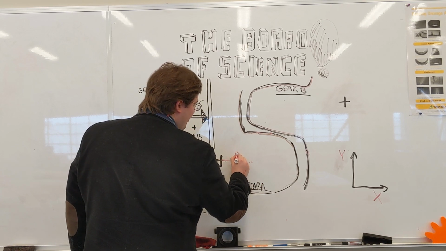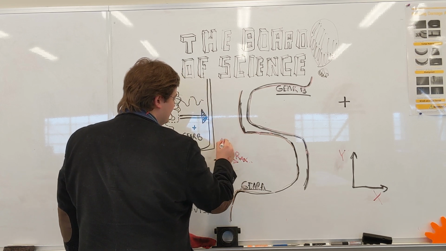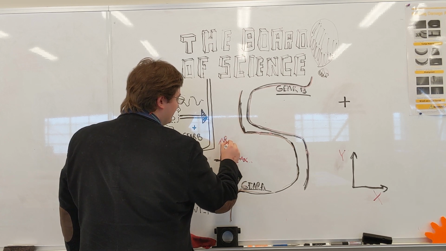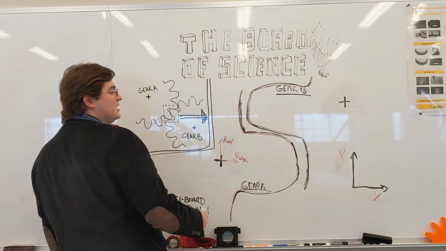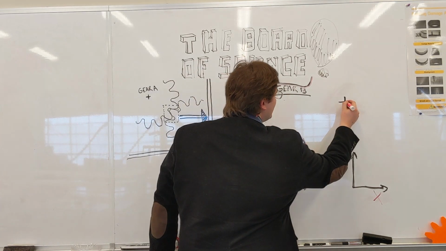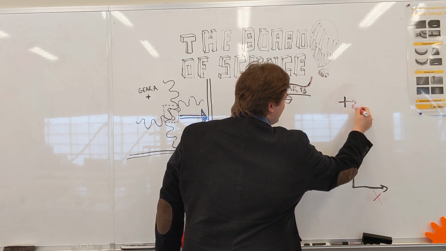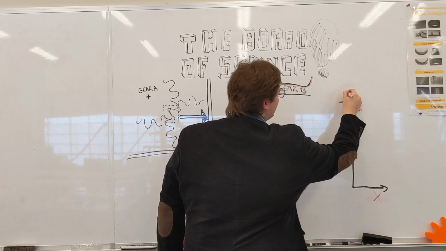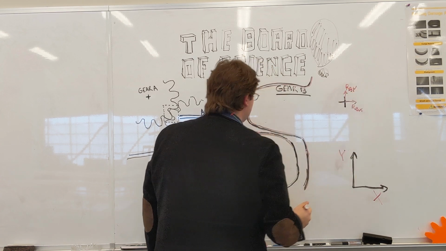I'm going to call that RAX. And I'm going to call this RAY. Similarly on gear B, we're going to do the same thing. Give it a couple of reaction forces, RBX and RBY. Excellent.